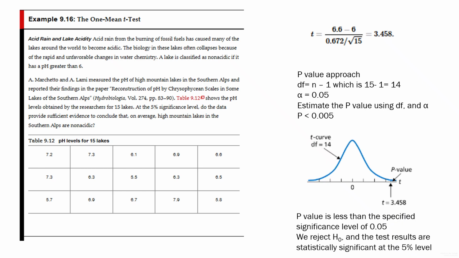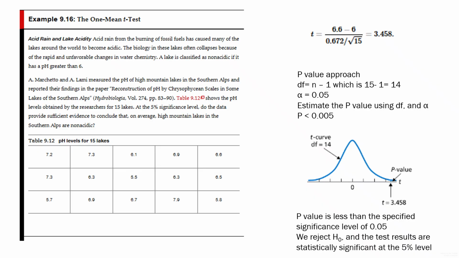Now we want to do the same thing, but we want to do it estimating our p-value. So again, we're going to get our t-table, and we've got a DF of n minus 1, which is again 14. So I'm going to look for 14, and then in the table, I'm going to look for the number that is closest to my 3.458.